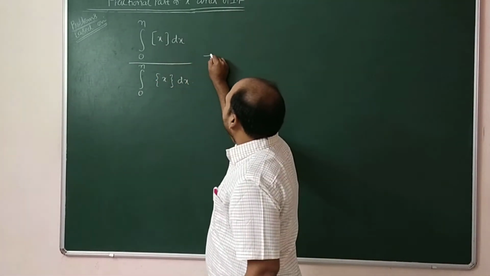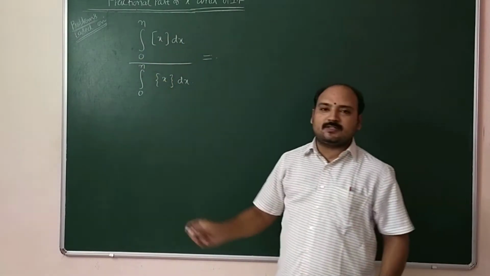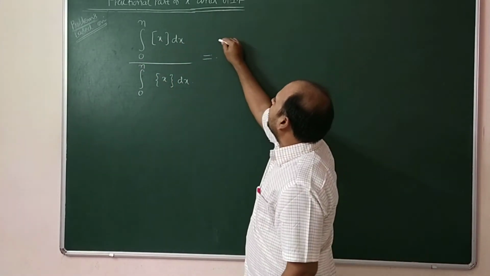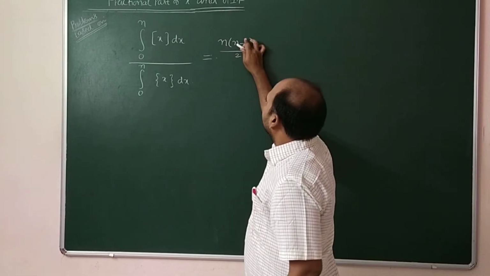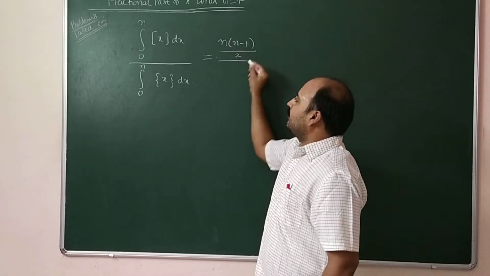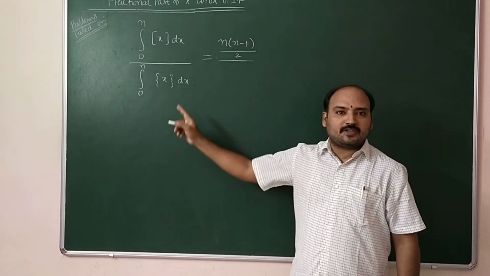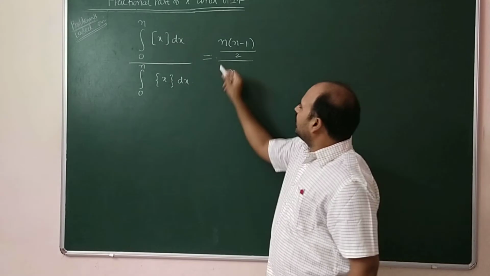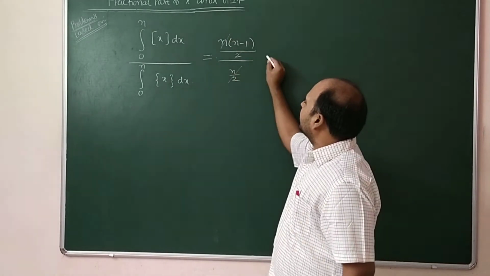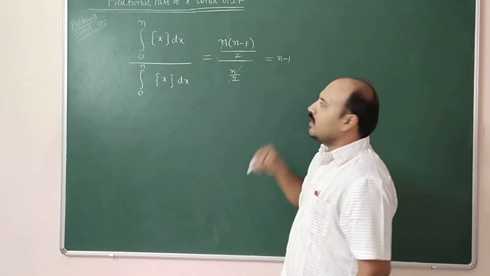So we know that the value of integral 0 to n step x dx is n times (n minus 1) by 2, whole divided by integral 0 to n fractional part of x dx, which is n by 2. So here n by 2 gets cancelled, which is equal to n minus 1.